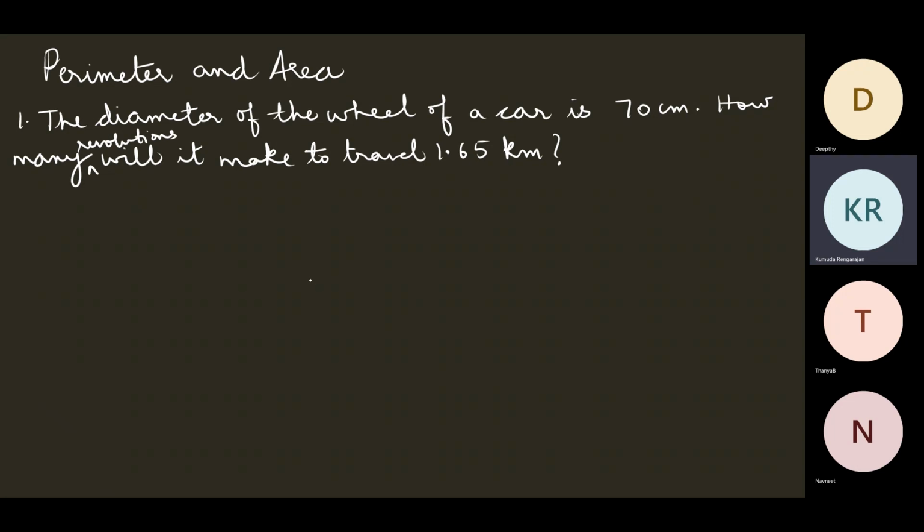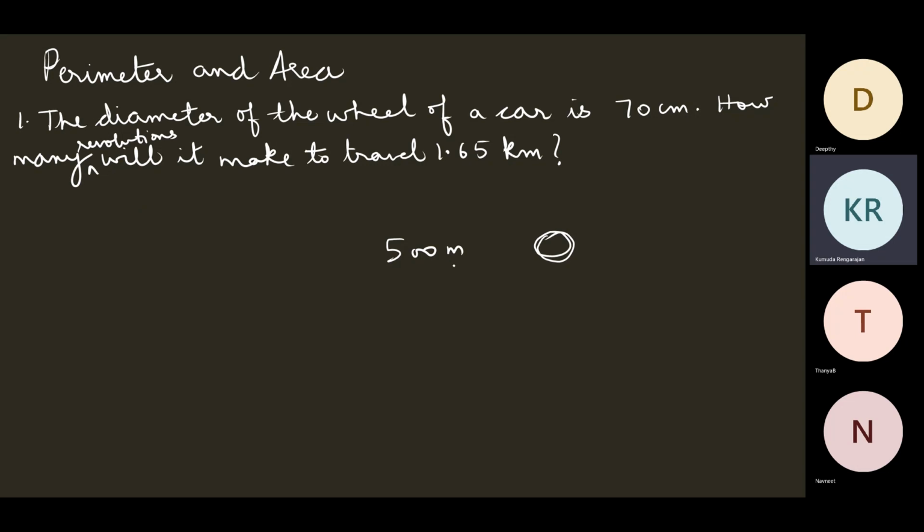Now supposing the distance traveled by the car is, say, 500 meters. Let's forget the car, some wheel which is circular.